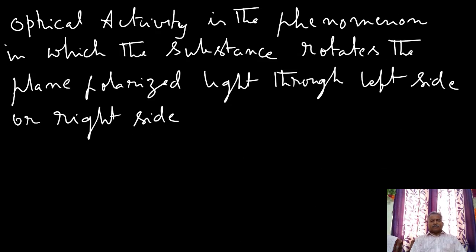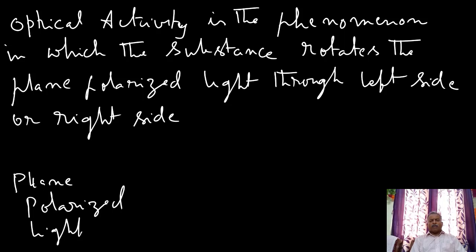Optical activity is the phenomenon in which a substance rotates the plane polarized light through either the left side or the right side. Such a phenomenon is known as optical activity.